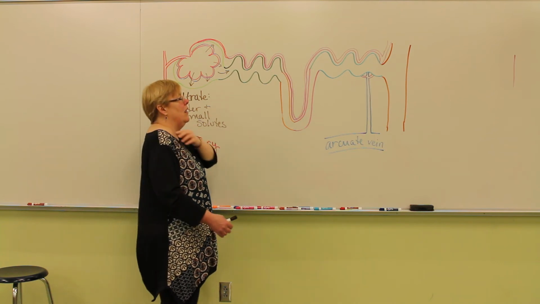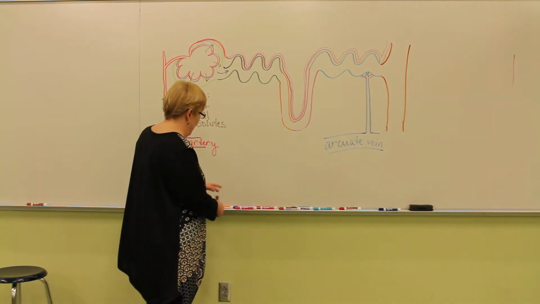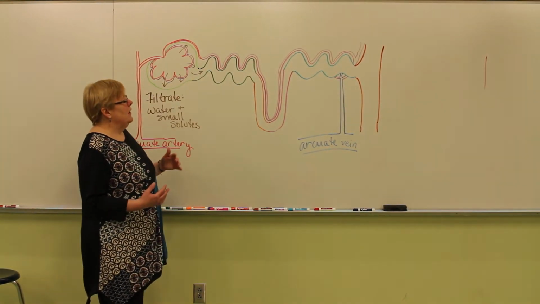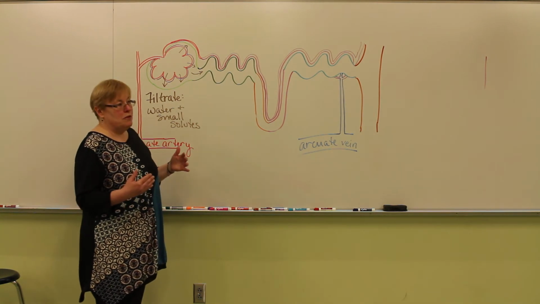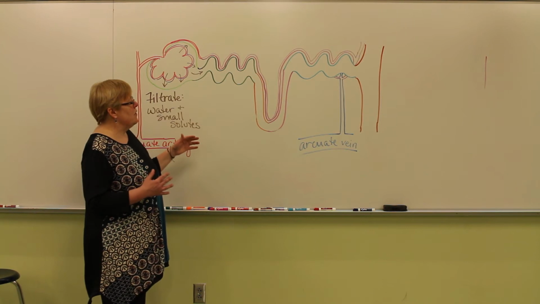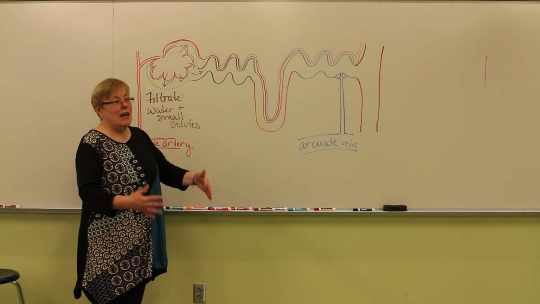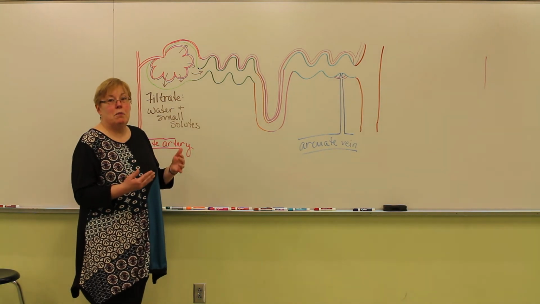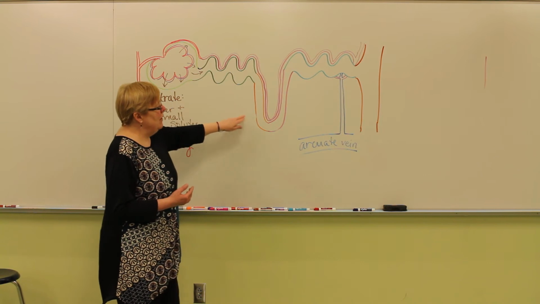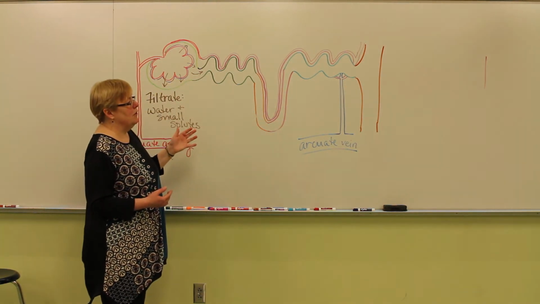So this is where our reabsorption is occurring. Tubular reabsorption in urine formation is taking material from the filtrate and returning it to the blood. Each section of the renal tubule is going to have different responsibilities and different capabilities.